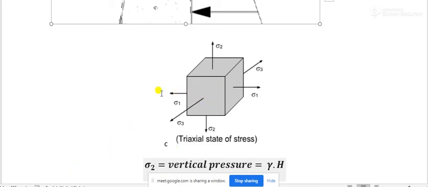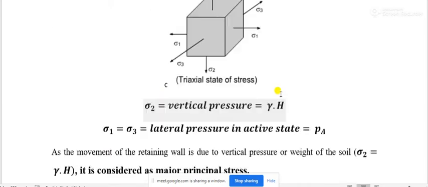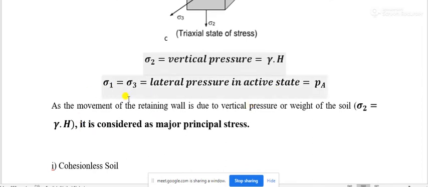If you consider this the x-axis, this may be the y-axis, but both sigma 1 and sigma 3 are lateral pressure, and that's why I have written sigma 1 equals sigma 3, and this is actually PA, small p suffix A.